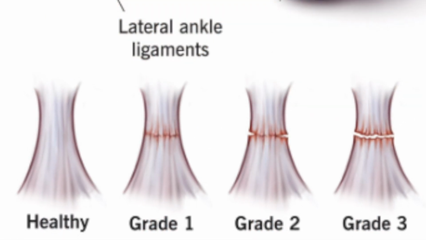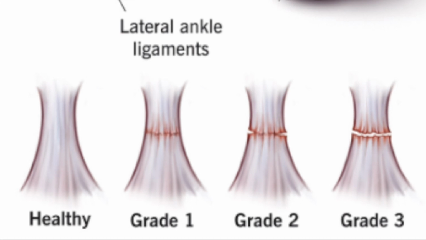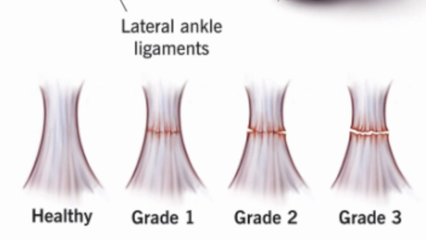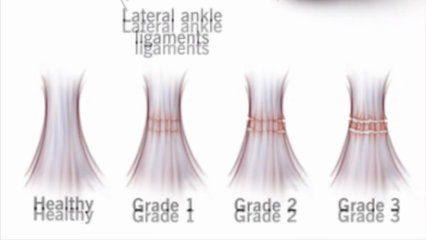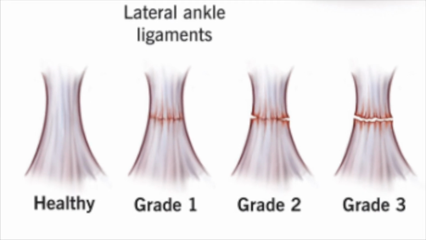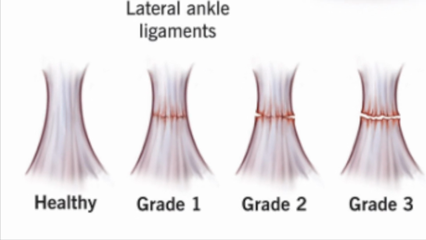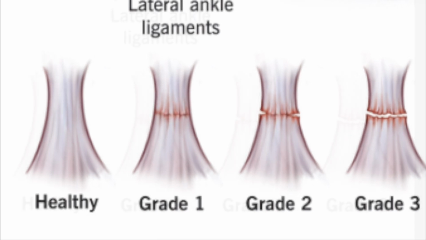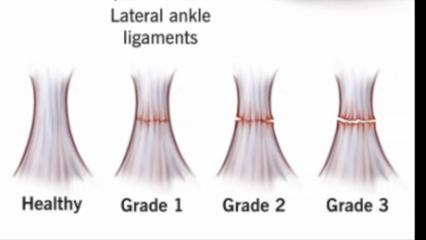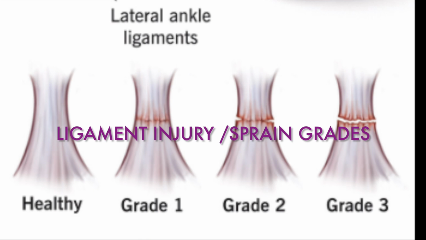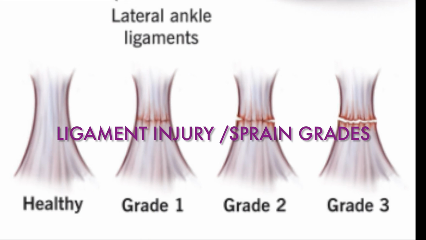In grade 2 there is a chance of partial tear or partial rupture of the ligament. And of course, in the third grade or third type of injury to the ligament, there is a complete rupture or complete separation of the ligament. So that is called grade 3 injury.